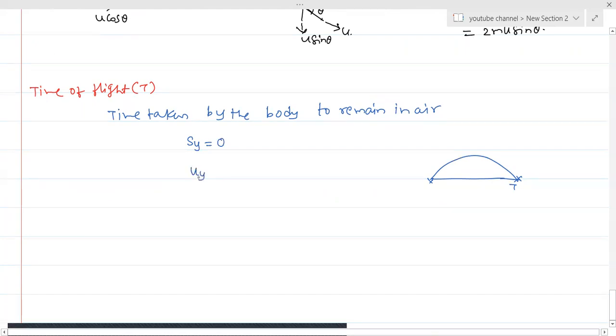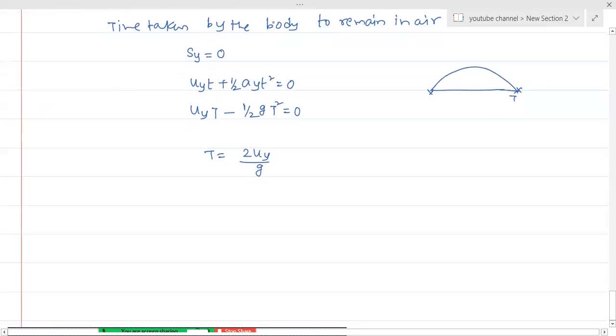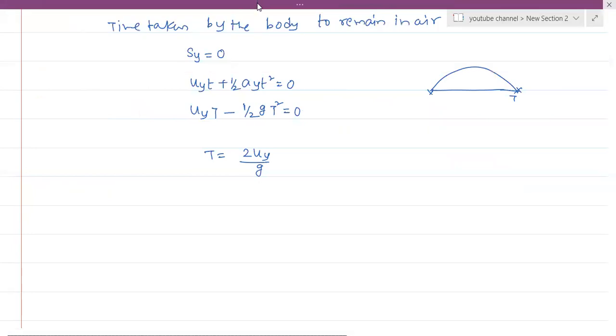So we write uy t plus half ay t square equal to 0. Here uy into t minus half g t square equal to 0. By solving this, we get T equivalent to 2uy by g. This is one of the most famous relations that we usually come across.